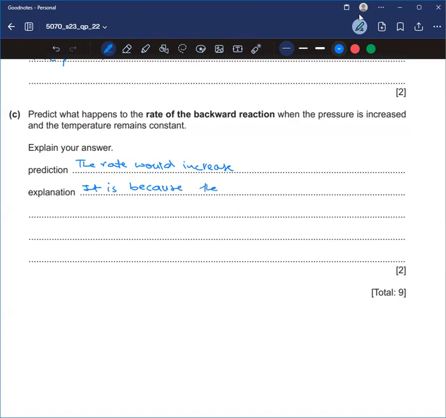there will be more particles per unit volume.